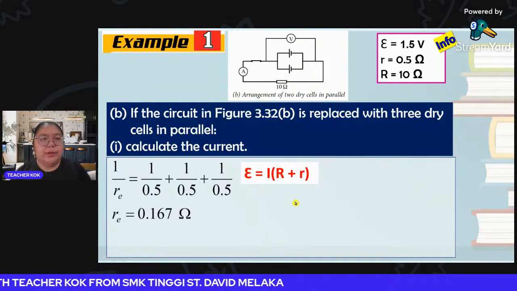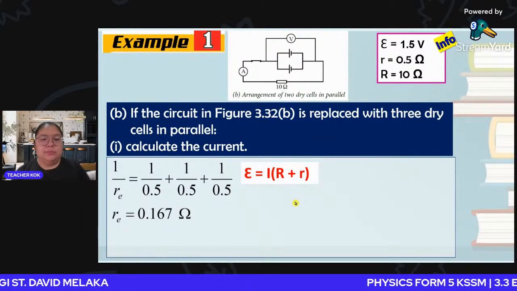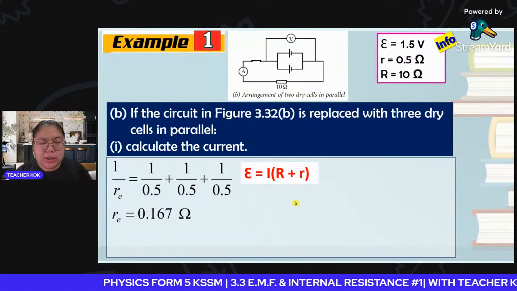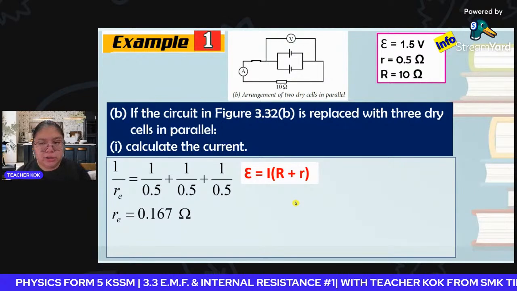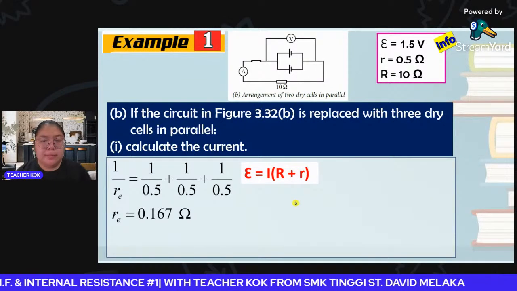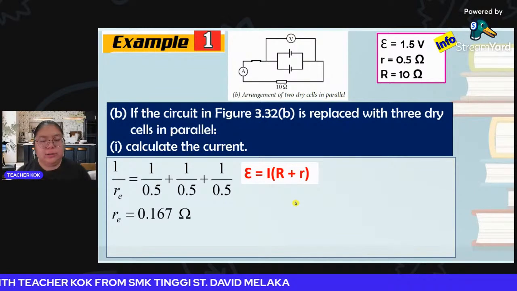Just see what happened for the I. Just now your internal resistance changes and also your EMF changes. Now the situation is EMF constant, but the internal resistance changes. You see what happened for the current?